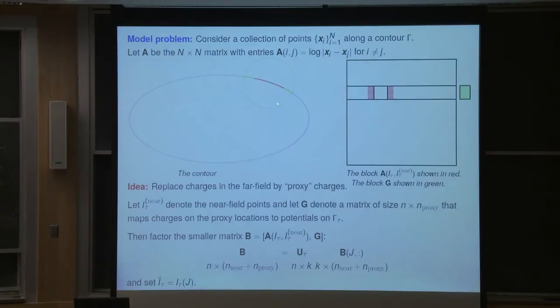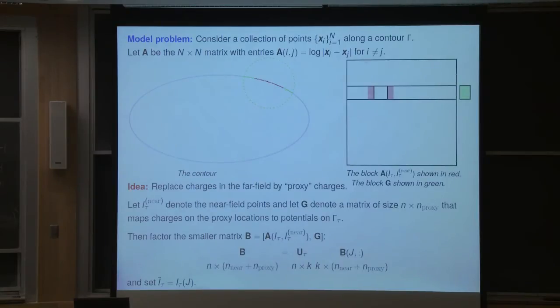By placing sources on these proxy nodes, I can, to the preset accuracy, replicate any potential caused by far-field sources on the red target nodes here. Notice that all this is to some finite precision, so you specify a precision, and then there are some tuning parameters here: how big do you choose this circle to be, and how finely do you sample it? These are things you have to think about a little bit, but it's not that complex.